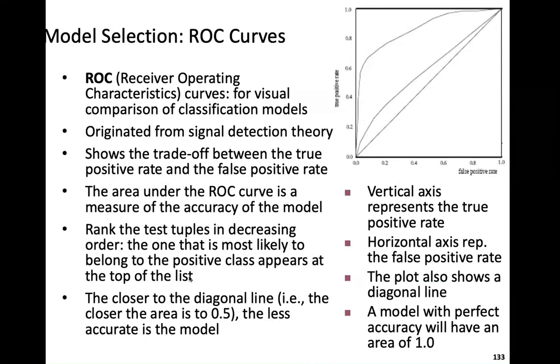It gives a visual comparison of classification models. On the right you can see the ROC curve, wherein the x-axis plots the false positive rate, and the y-axis is the true positive rate.